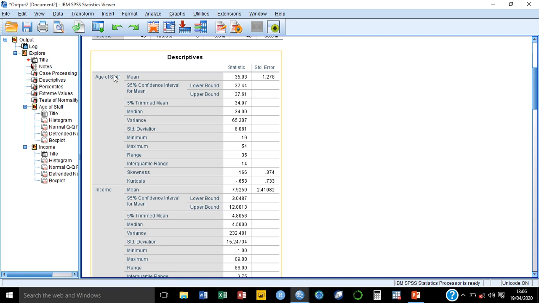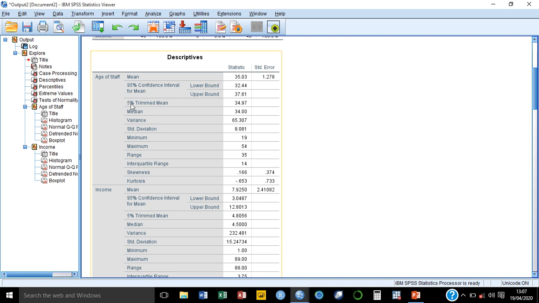For the age of staff, mean age is 35. That's the standard error. 95% confidence interval. The lower bound, the upper bound. 5% trimmed mean, 34. That's trimmed mean is when you remove the highest and the lowest, like you remove the outliers from the data sets.